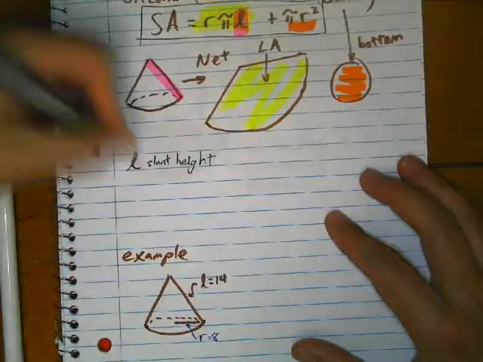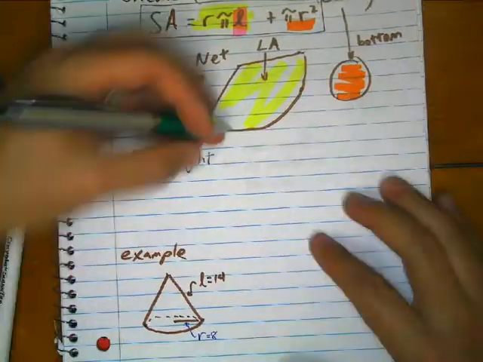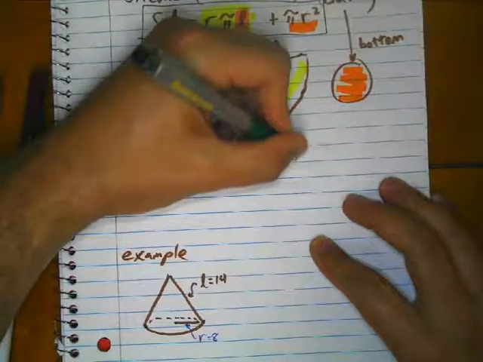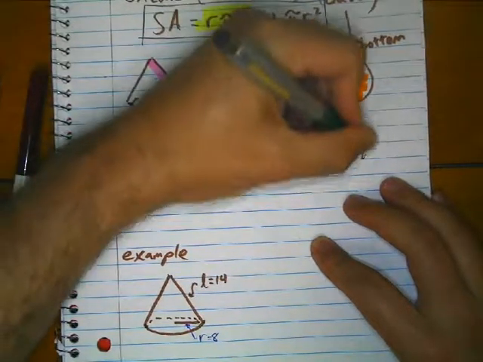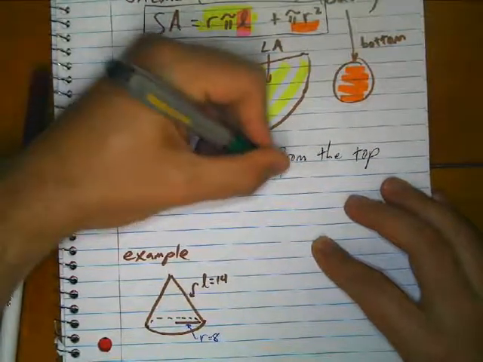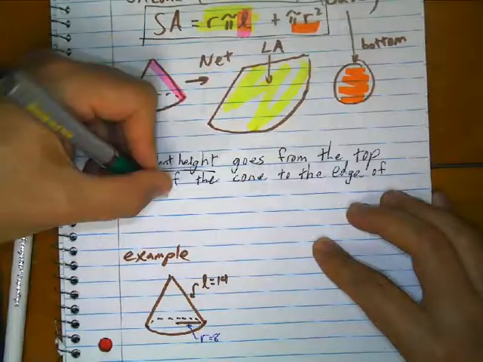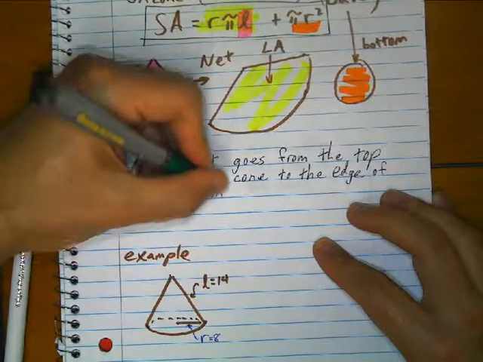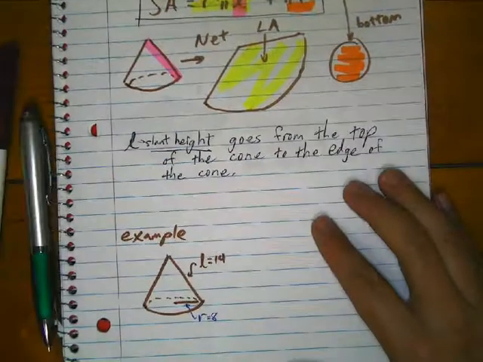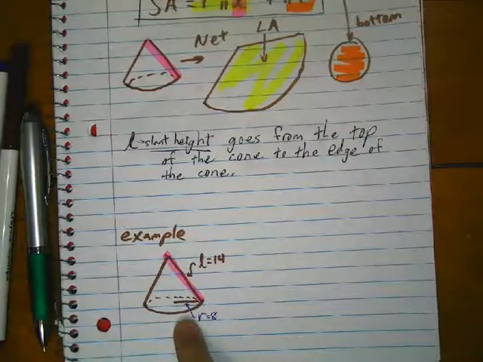The slant height goes from the top of the cone to the edge of the cone. Here's an example. We've got the slant height is 14, and we know the radius is 8.